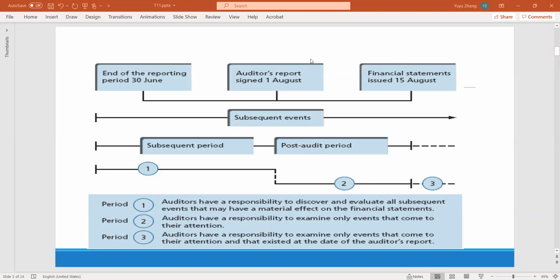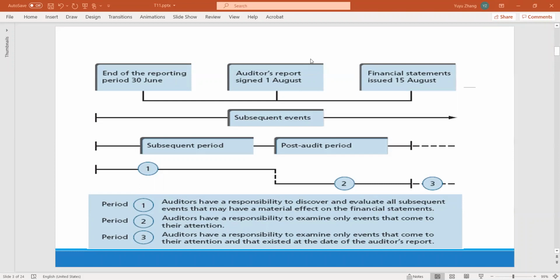Also, any further correction in period 3 is actually a restatement, because the directors and auditors need to recall the released financial statements and auditor's report and make corrections.